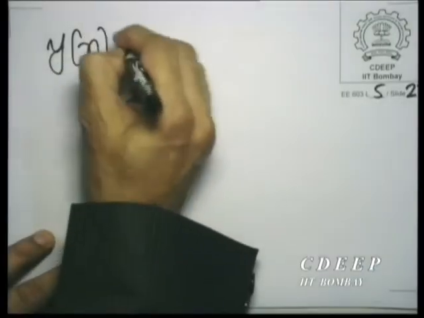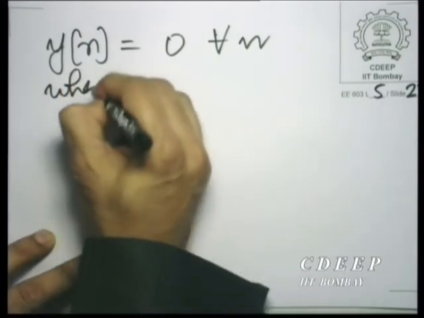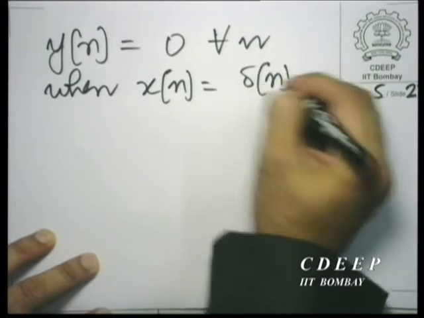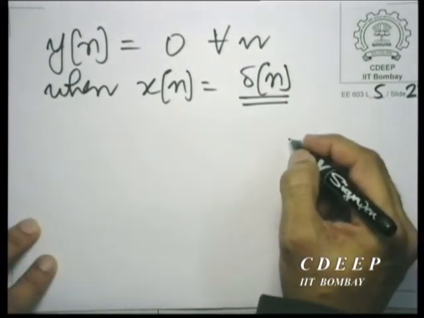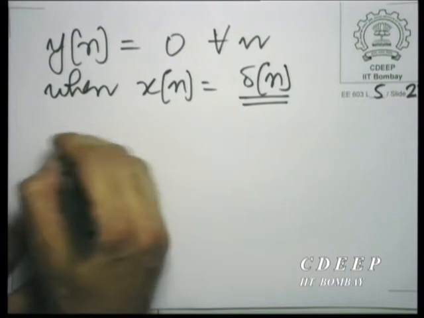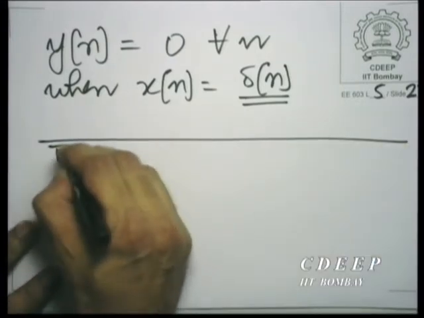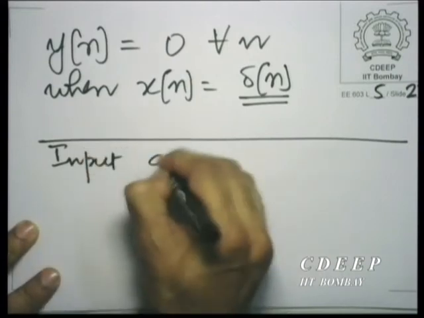So, in this case, y n is equal to 0 for all n, when x n is equal to delta n. This, I repeat, this unit impulse sequence is going to be very useful to us in future too. Now, let us find out what happens when we give the input delta n minus 3.